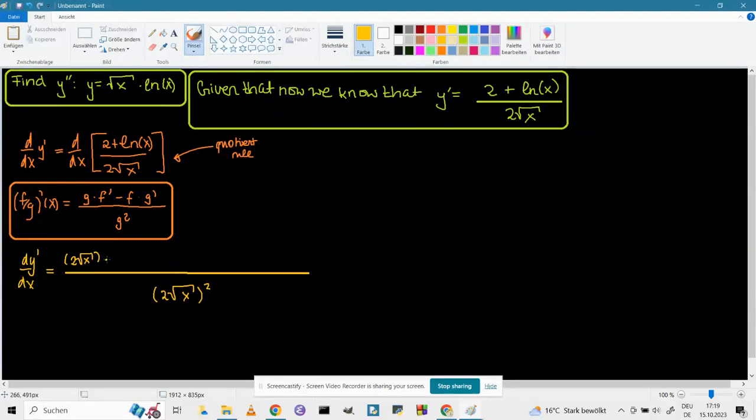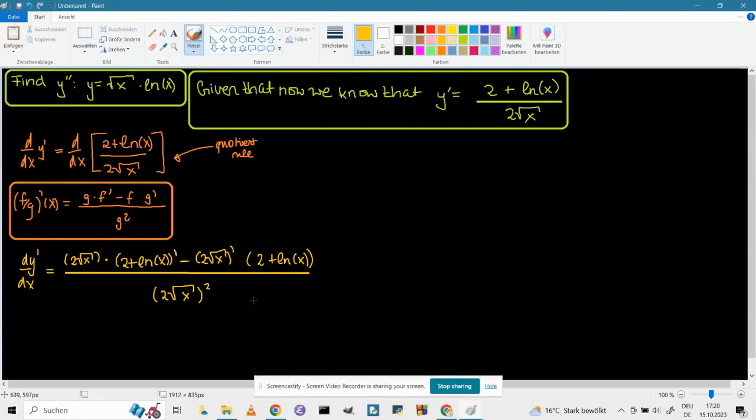Now, this is going to be multiplied by the derivative of the top. So 2 plus ln x prime minus 2 times the square root of x prime times 2 plus ln x.